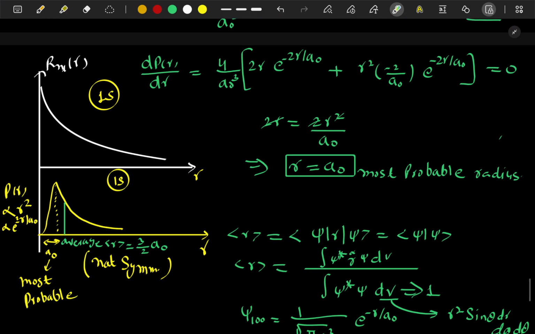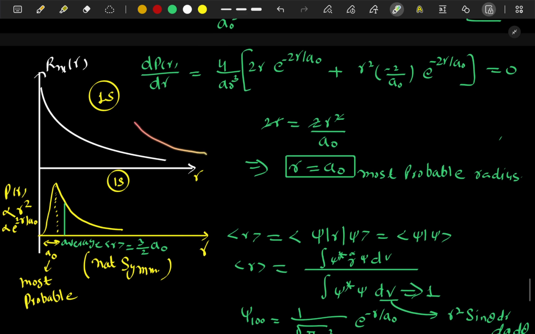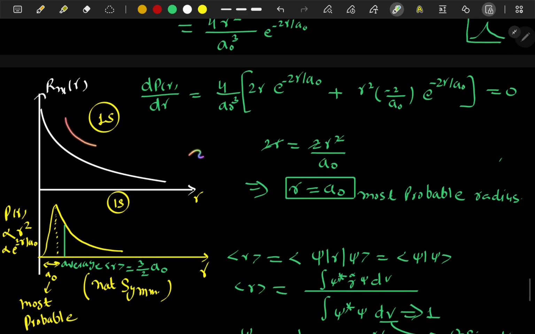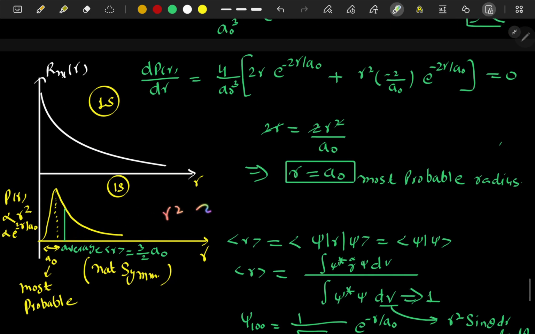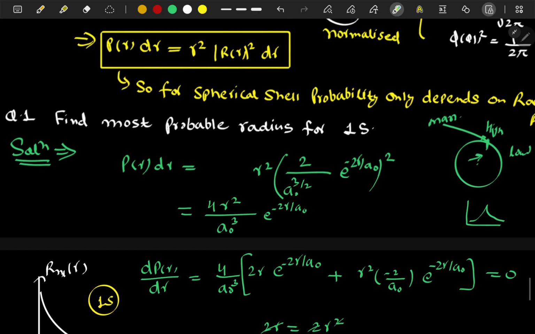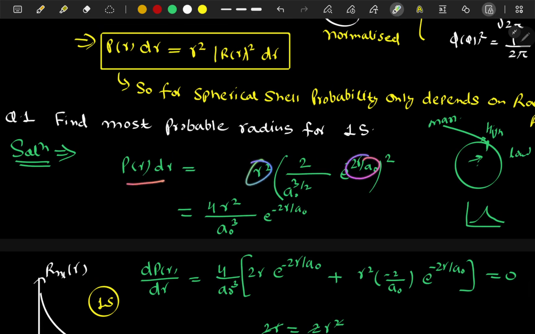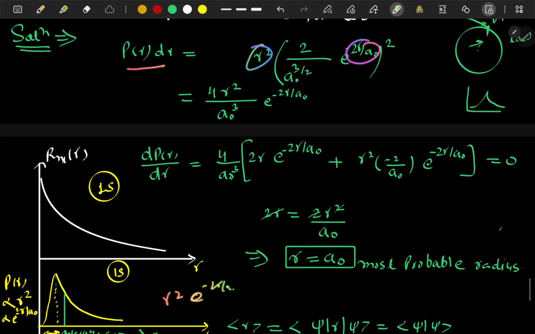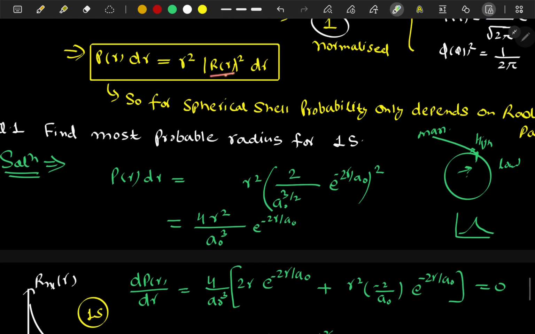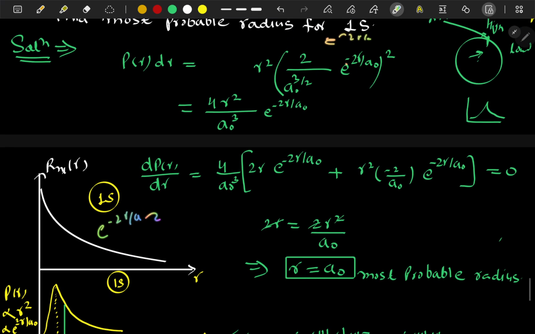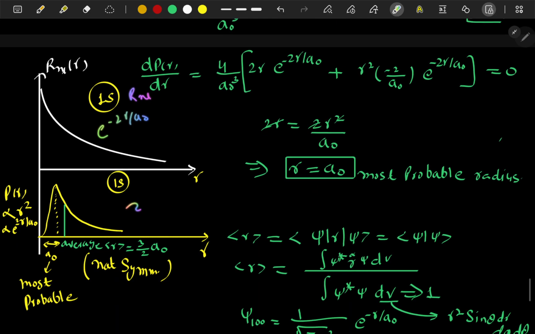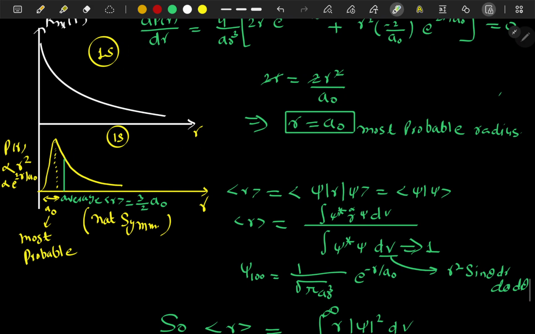And we can draw the graph like this. For 1s, the probability starts at 0. The radial part is e raised to minus r upon a naught, and the whole probability has two parts: r squared and e raised to minus 2r upon a naught. In R_nl, only e raised to minus 2r upon a naught is there, and for the probability, both r squared and R_nl are present.